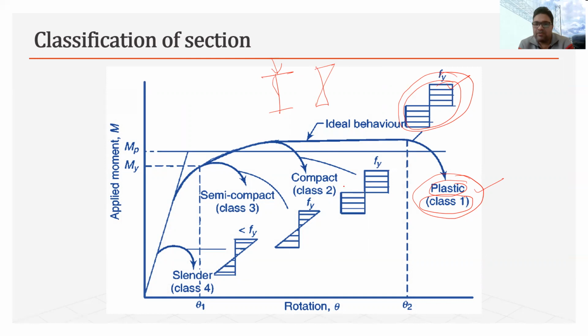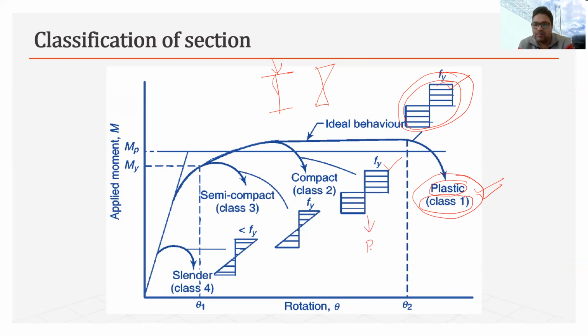So when we call it class 2, you can see here, this is the moment rotation diagram. Because of the moment, the beam is rotating, and because of that, beam curvature is forming. So class 1 can have maximum curvature, and class 2 is experiencing full plastification, but a hinge is not forming.